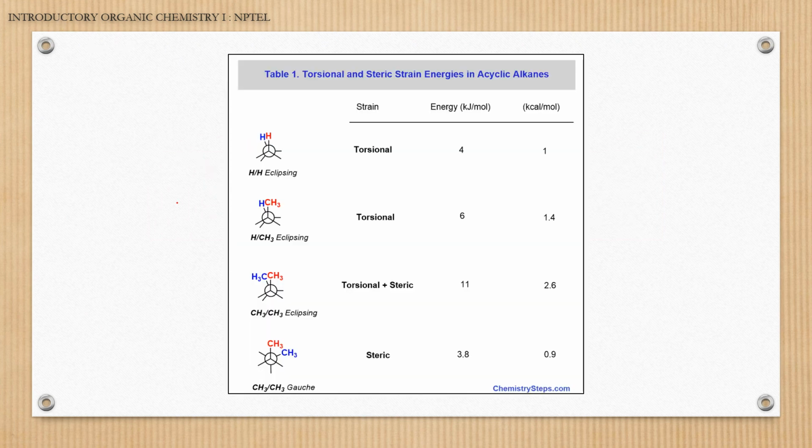So is it understood to all of you? You can see this kind of thing here. If the eclipsing things are there, there is torsional strain, which is playing the maximum role, right? But when you have this methyl eclipsing, only then steric repulsion will come into play. And if you have Gauss interaction, only the steric strain is there, because torsional is relaxed because of the increase in the dihedral angle.